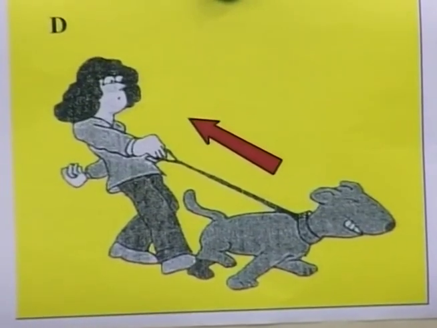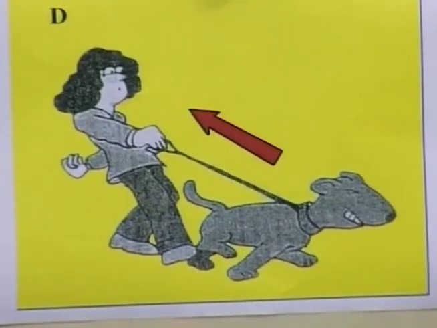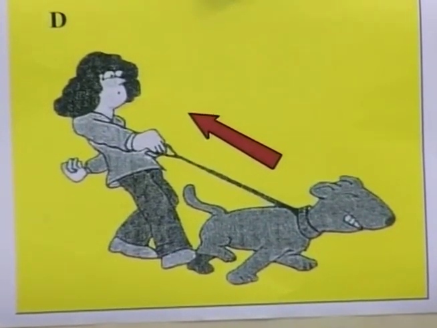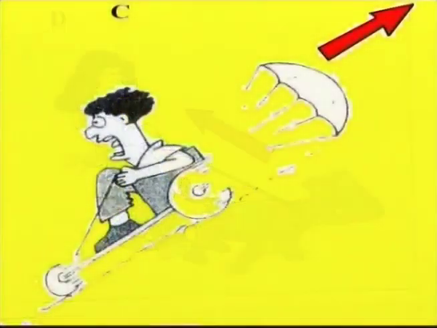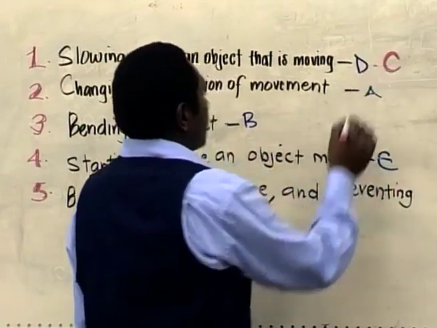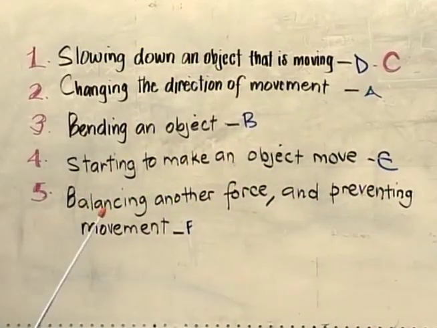Okay, Shannon says no. Shannon, what do you think it is? Picture C. Very good. Okay, it is picture C. Can you see the parachute is slowing down that guy who is moving, the force that is moving. So you should have your correct answer as C.